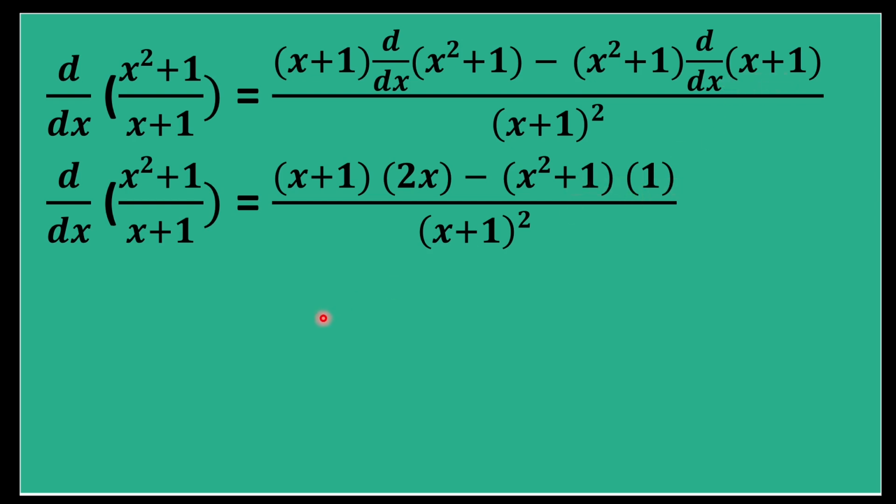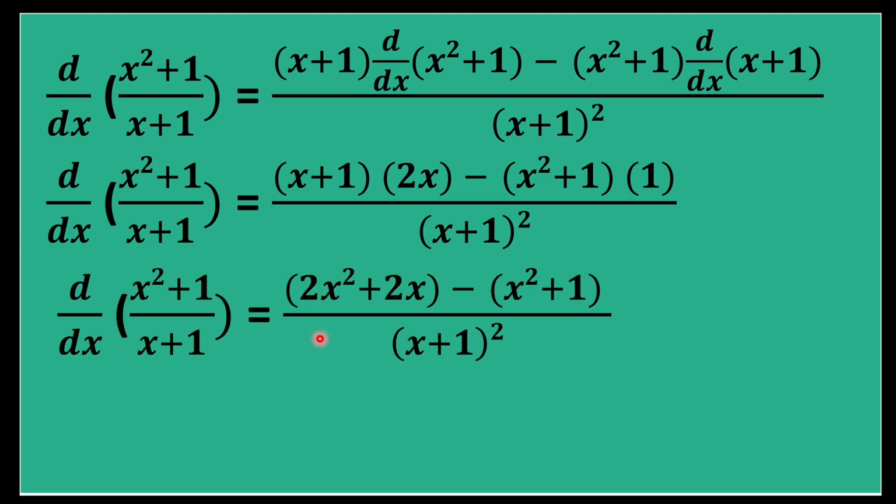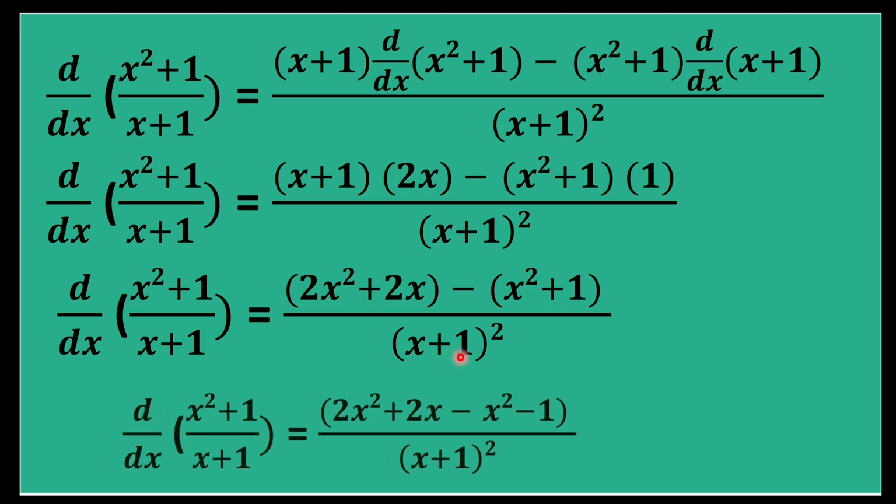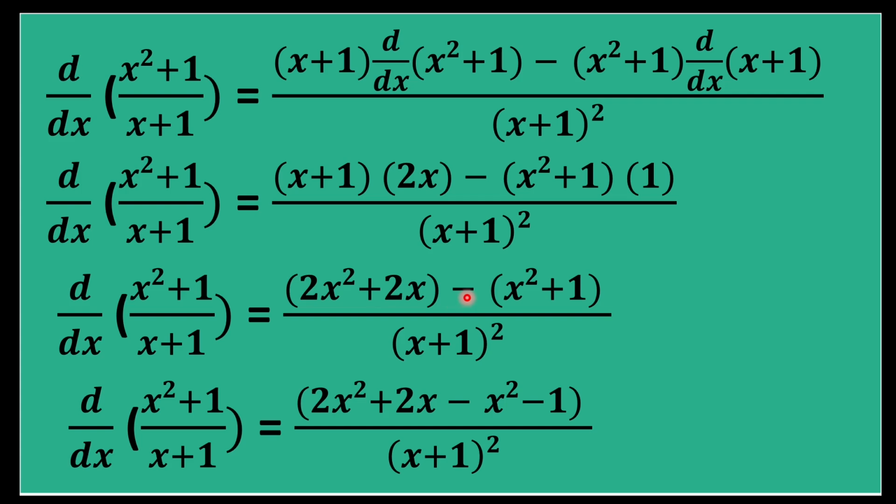Now in the next step we will multiply this, so it will become 2x square plus 2x, and here we multiply with 1, so it will become x square plus 1, divided by (x plus 1) square. In the next step we will open the brackets, so it will become 2x square plus 2x minus x square minus 1, over (x plus 1) whole square.